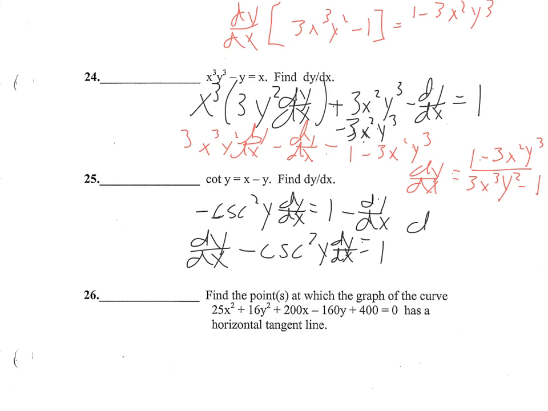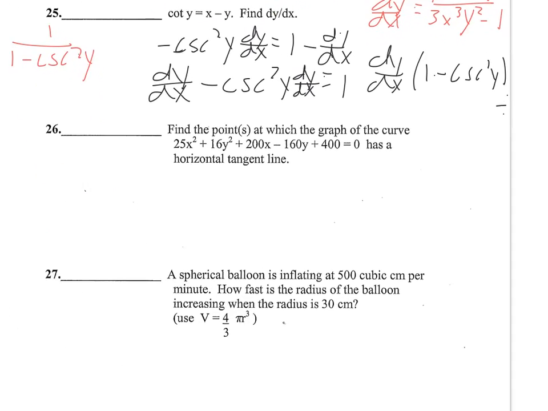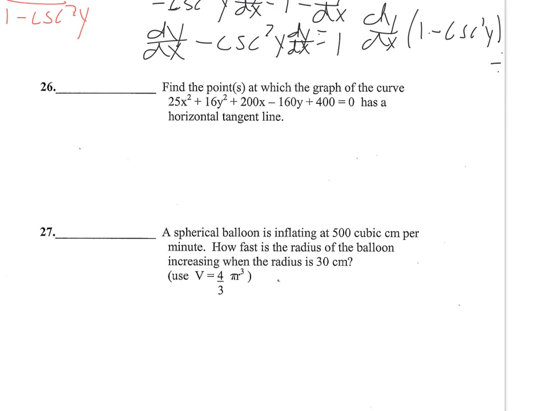So let's say dy over dx, and then it's 1 minus cosecant squared y equals 1, and divide that off, so we'll end up with 1 over 1 minus cosecant squared y, like that. Okay, and I don't remember if I did anything with that, but we'll just leave that because I'm out of space. Alright, getting closer here to the end.